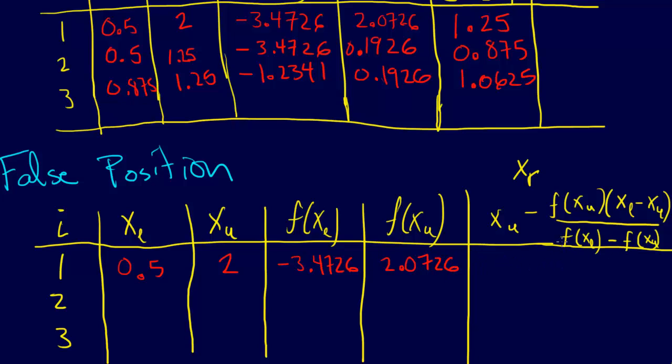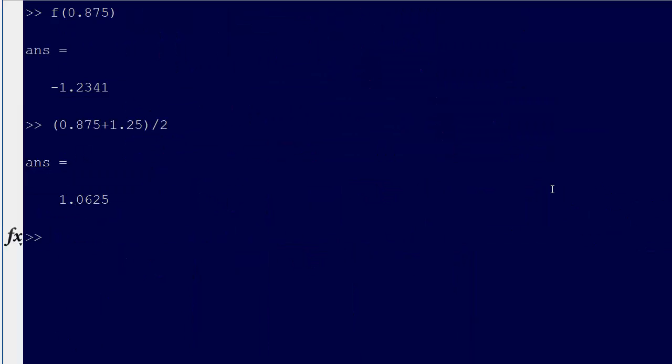Alright, now this is going to get a little bit hairy, so I'm just going to make a function to do all that math for me because I'm lazy. So let's call it false position.m.